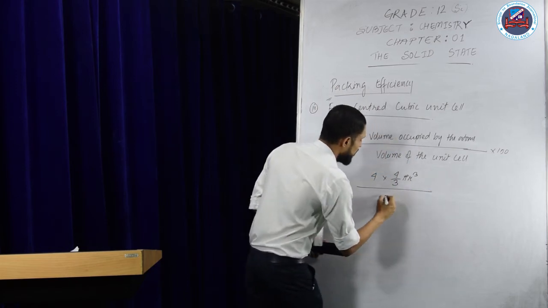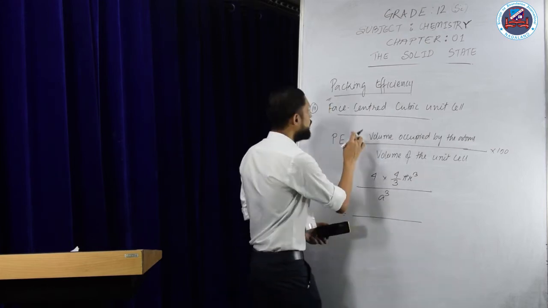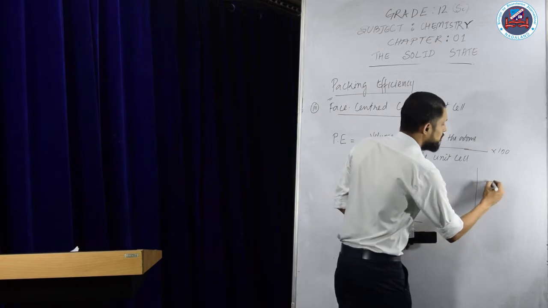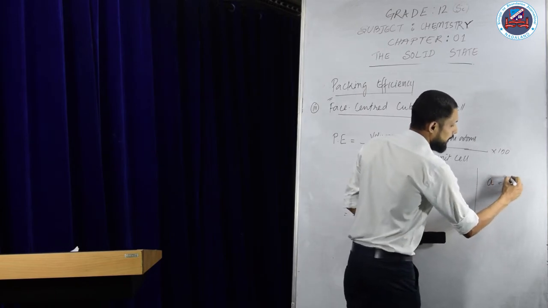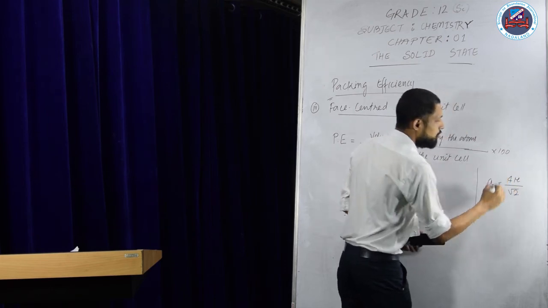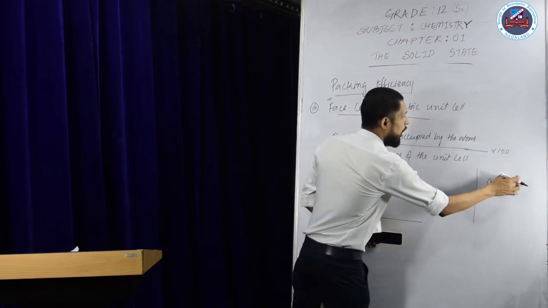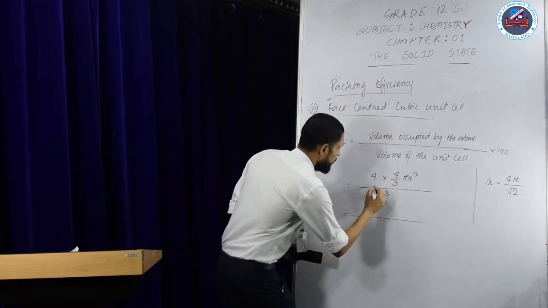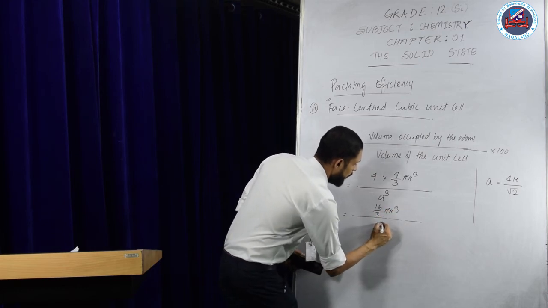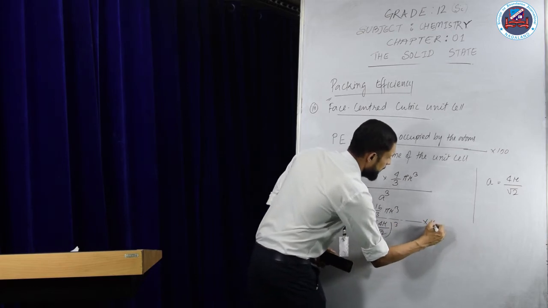Volume of the unit cell is a cube. Now in case of face-centered cubic unit cell, the relation between the edge length, that is a, and radius of the atom is 4r by root 2. So in place of a, we'll use 4r by root 2. So it will be 16 by 3 pi r cube by 4r by root 2 whole cube multiplied by 100.